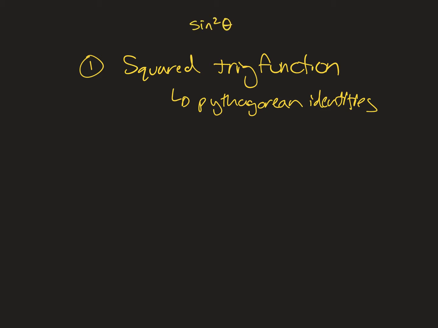And they are the following: sine squared theta plus cosine squared theta equals 1. 1 plus tangent squared theta equals secant squared theta. And the third one is 1 plus cotangent squared theta equals cosecant squared theta.